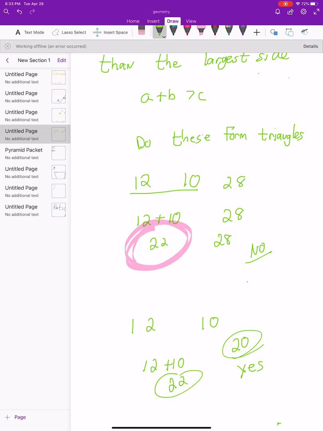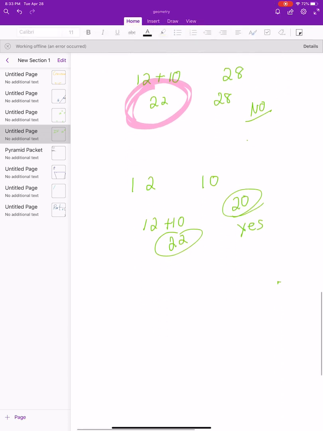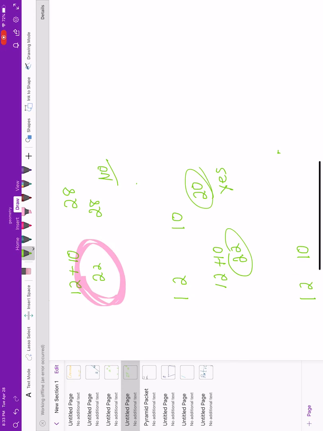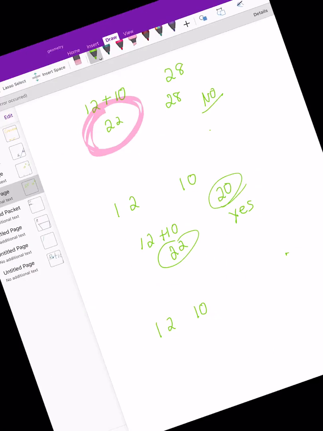Okay. Well, let's continue with this a little bit more. So let's say I still have that 12 and 10, right? What side lengths will make a triangle, and how do I know? Well, I know that I have 12 and I have 10.